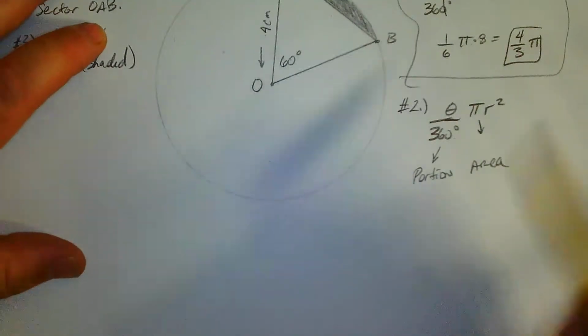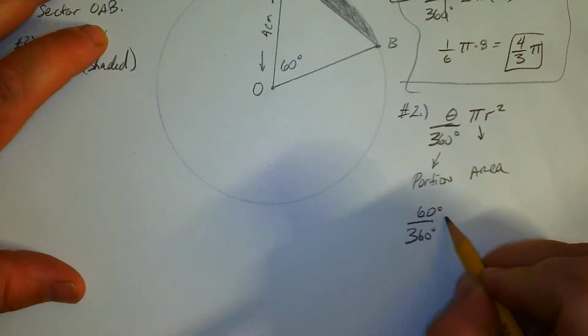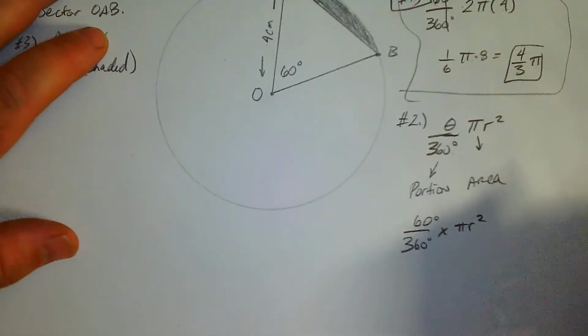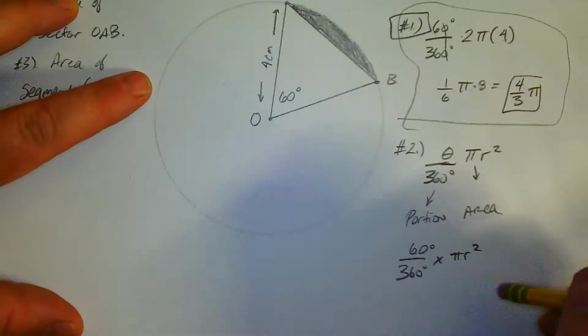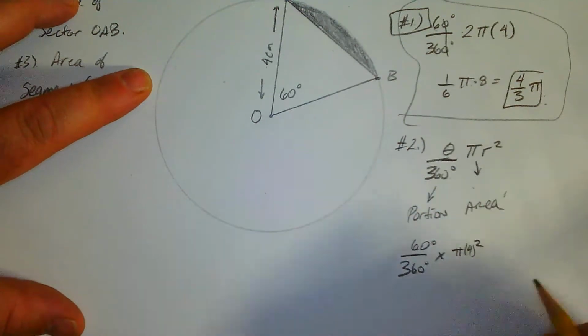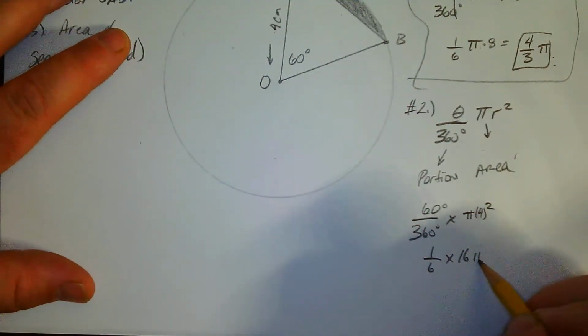All right, so 60 out of 360 once again, times pi r squared. So r is 4, right? I already have the formula written right there, so I'm just going to put 4 here. So that's 16. So you have 1/6 times 16 pi.